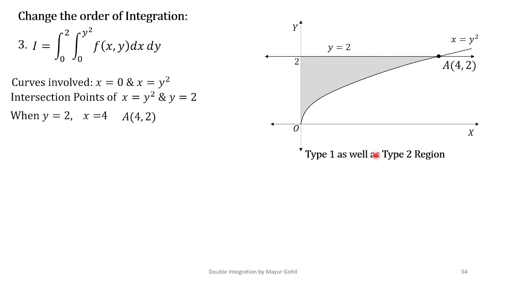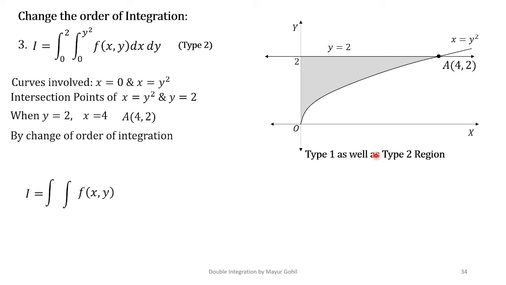This is because we have already been given that it is a type 2 region. Now when we change the order of the integral, we are going to get a type 1 region. Now when we get a type 1 region, what we are expected to do is dy dx is the order. So you draw a vertical line passing through the region.